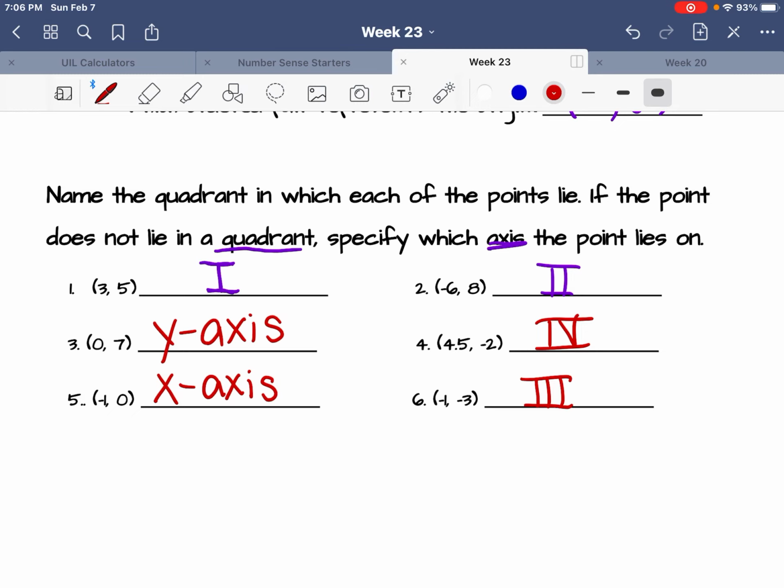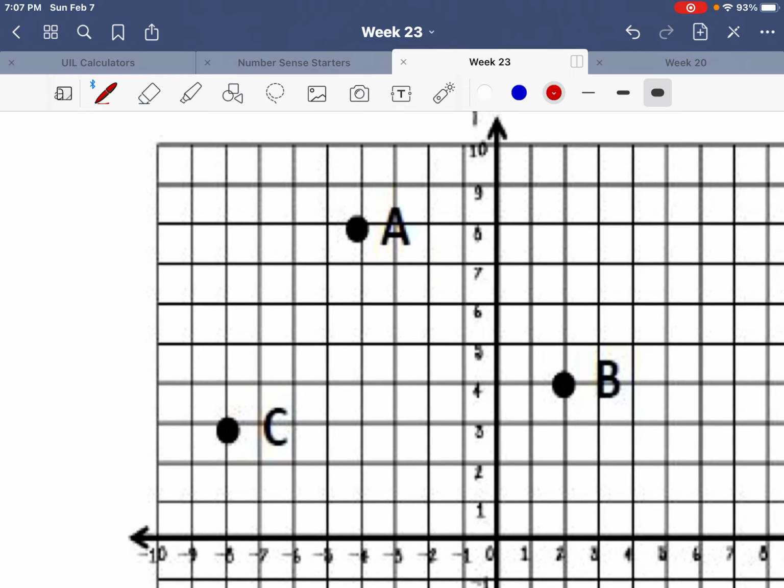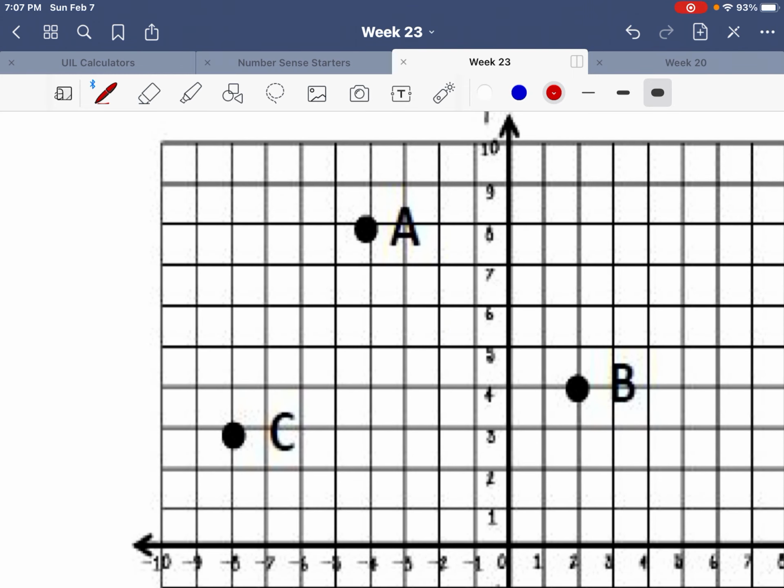Okay. On the last page of our notes it says to label the ordered pairs of numbers that correspond with each letter from the grid below. So let's look first at point A. Point A is on the negative, -1, -2, -3, -4. Sorry, -4. And then it's on the positive here at +8.